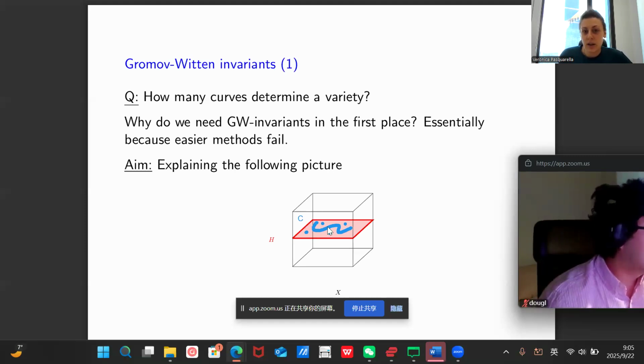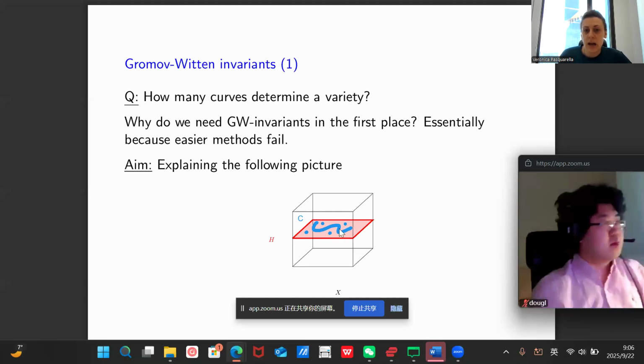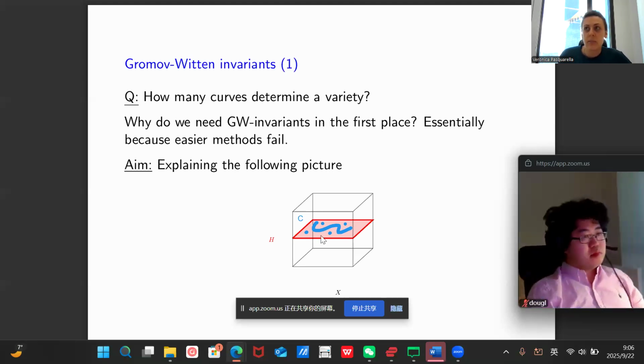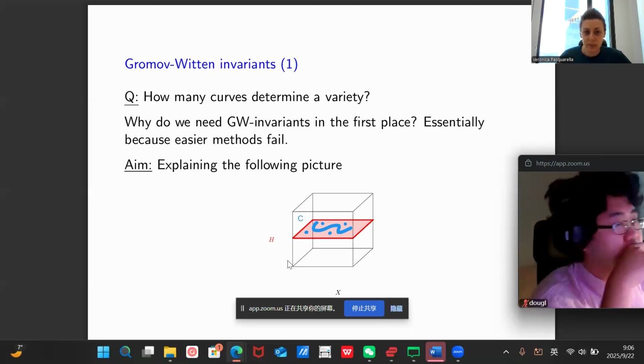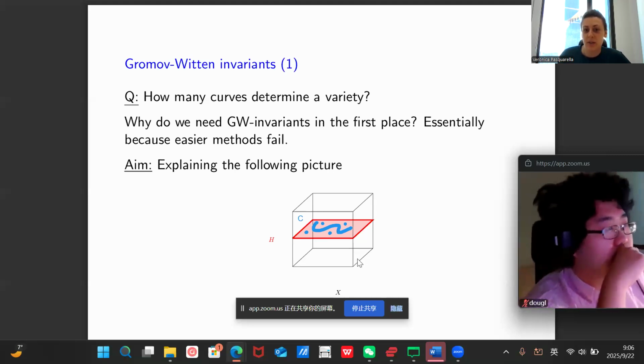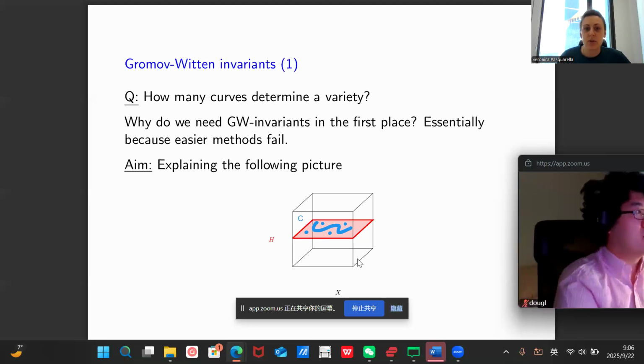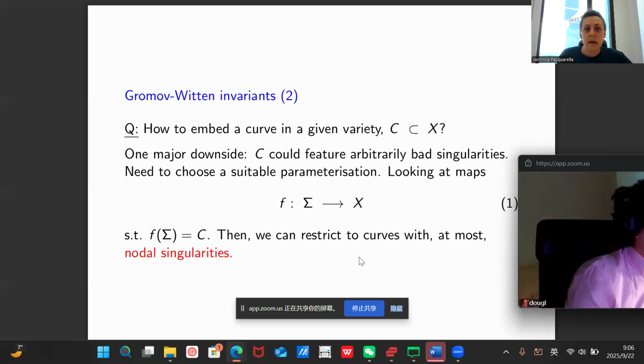Essentially, it's this curve that I draw here, the blue curve and the dots. I could have this as a starting point, and I want to find a way to count how many of these curves can be found in the variety X. Now, I'm going to explain how this picture comes up, but much later. This is just to give you an idea of the picture.